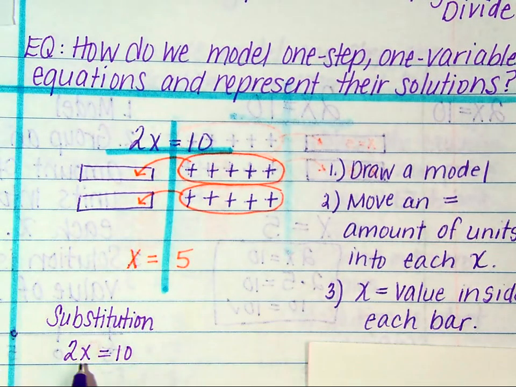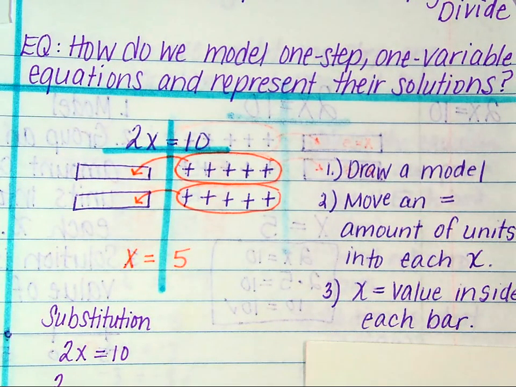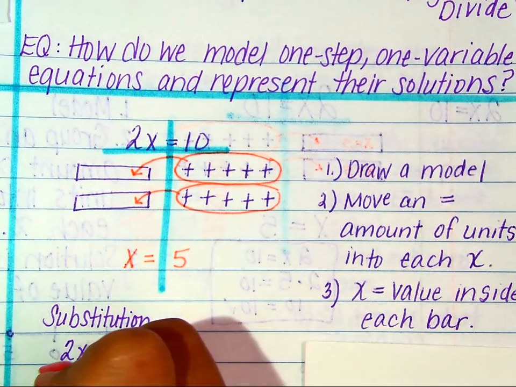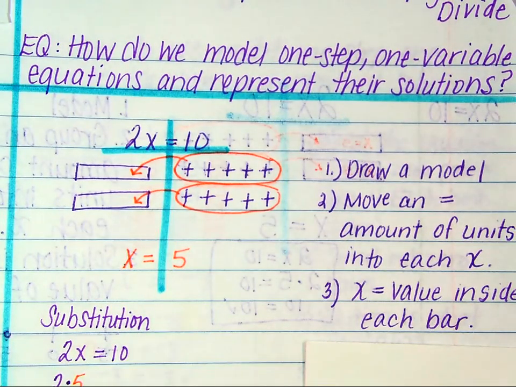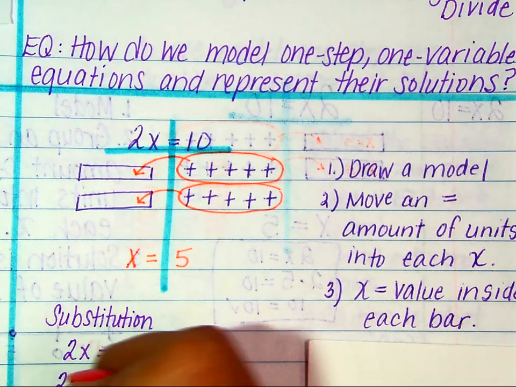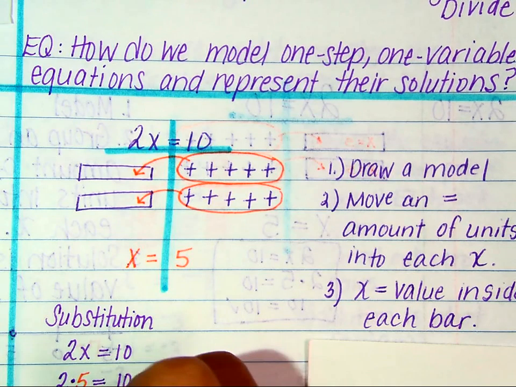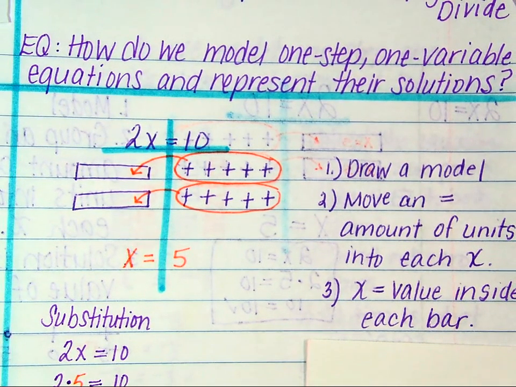And in place of x, we're going to put the value that we just found. So it's 2 times 5 equals 10. Now, is that a true statement? Does 10 equal 10? Yes. So therefore, our solution is correct.